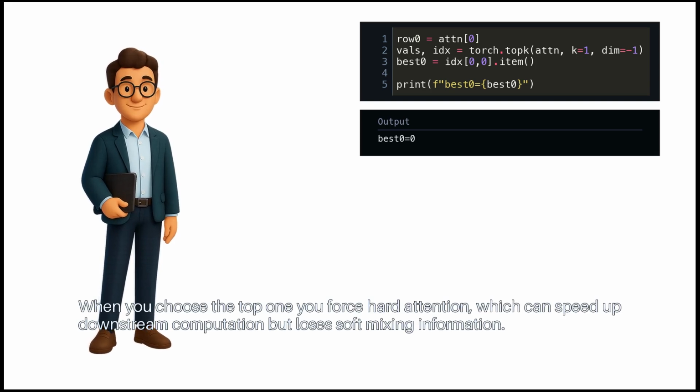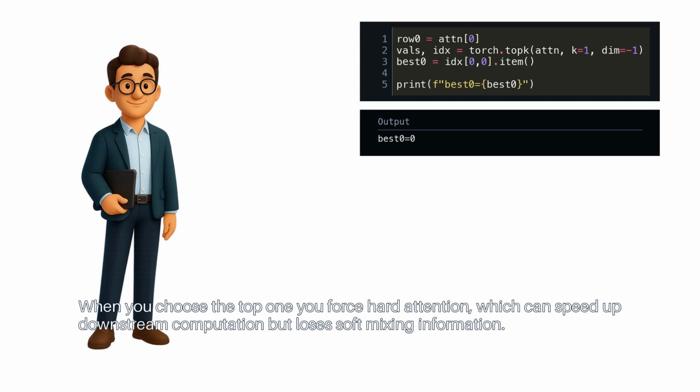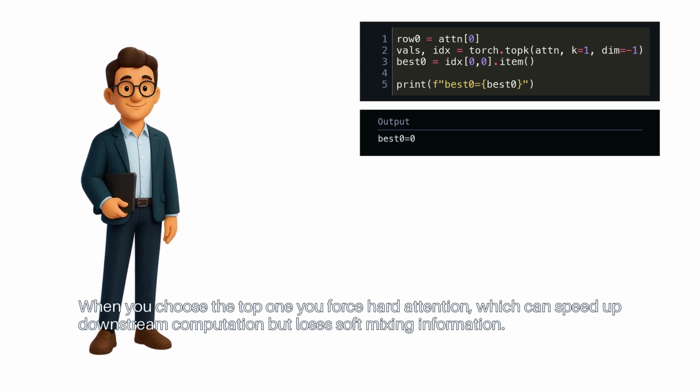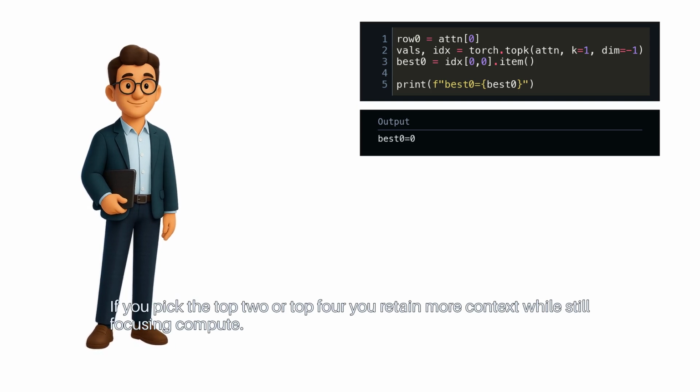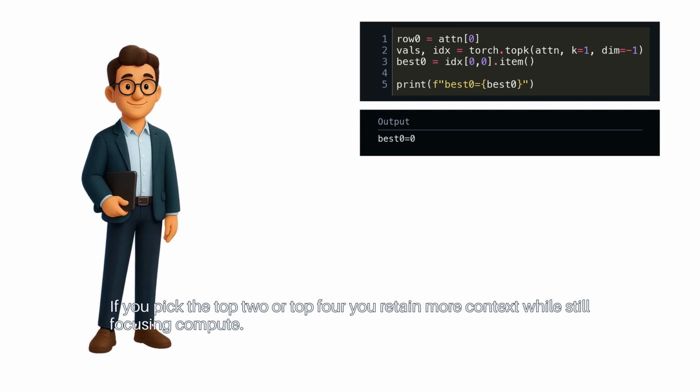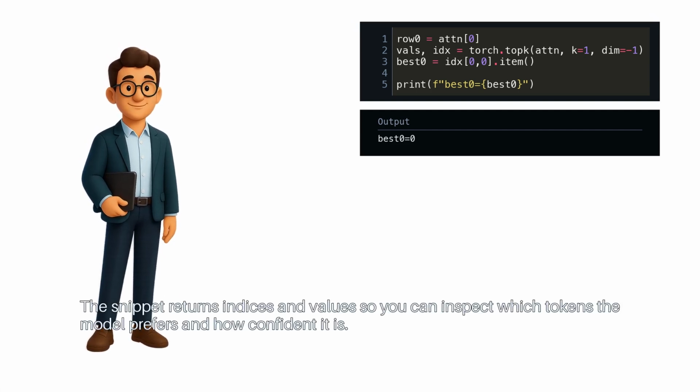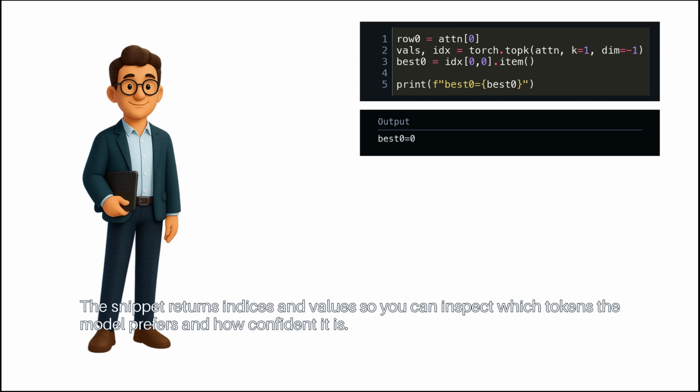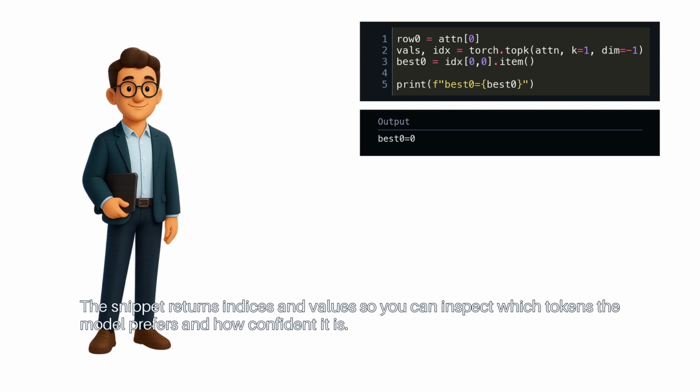When you choose the top one, you force hard attention, which can speed up downstream computation, but loses soft mixing information. If you pick the top 2 or top 4, you retain more context while still focusing compute. The snippet returns indices and values, so you can inspect which tokens the model prefers and how confident it is.